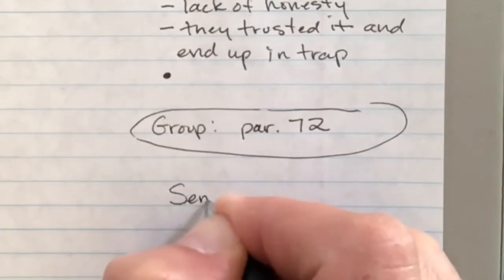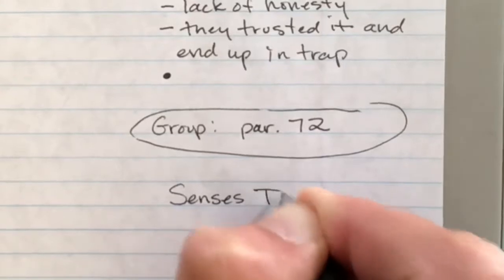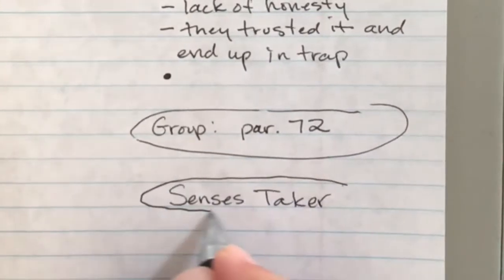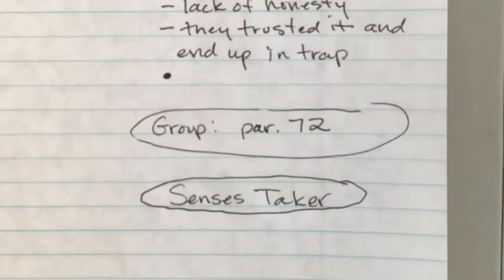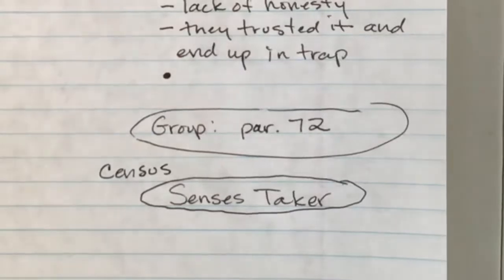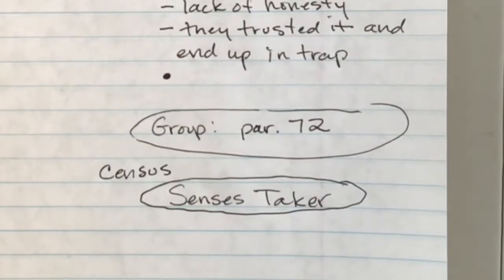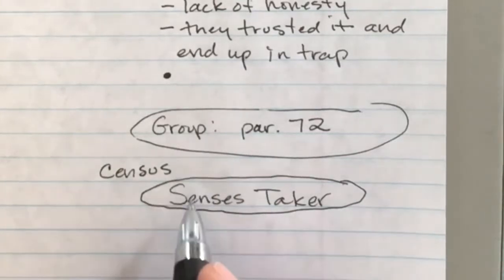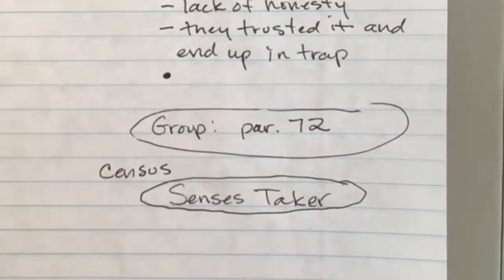And we have the census taker. And this is a nice play on words because the census is a process where in the United States we count every single person. But in this case, he's using a word that sounds the same, census.